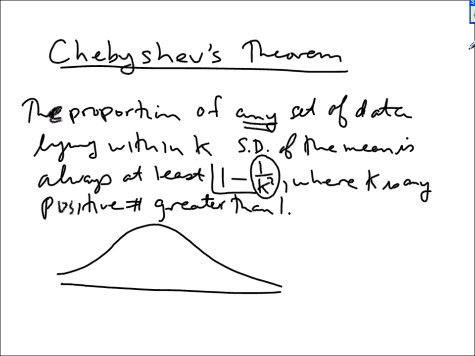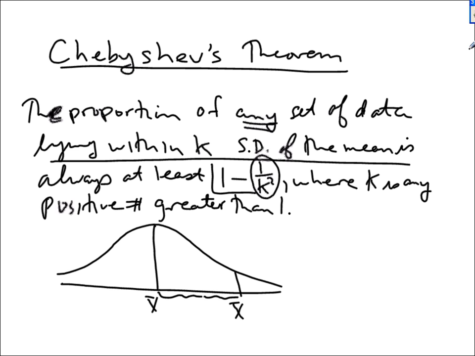The set of data lying within K standard deviations of the mean. Here is the mean. Let's go out 1, 2 standard deviations. This is X bar plus 2 standard deviations. This is S and another S. And within means you can go to the left as well.